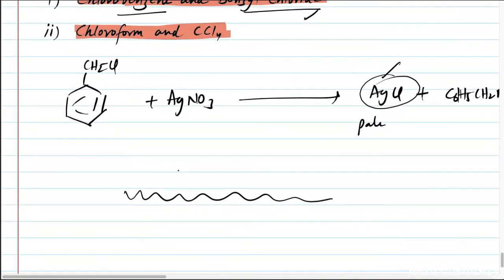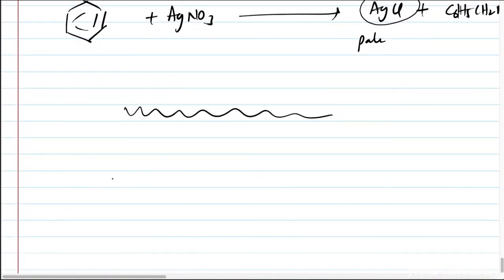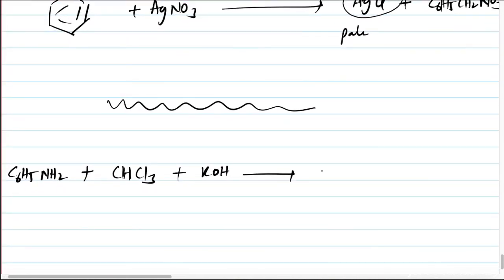Next one is chloroform and CCl4. Chloroform is CHCl3. If CHI3, it will be iodoform; bromoform, iodoform, chloroform, right? So this is your C6H5NH2, meaning aniline, and by combining this aniline with alcoholic KOH, it converts into C6H5NC.